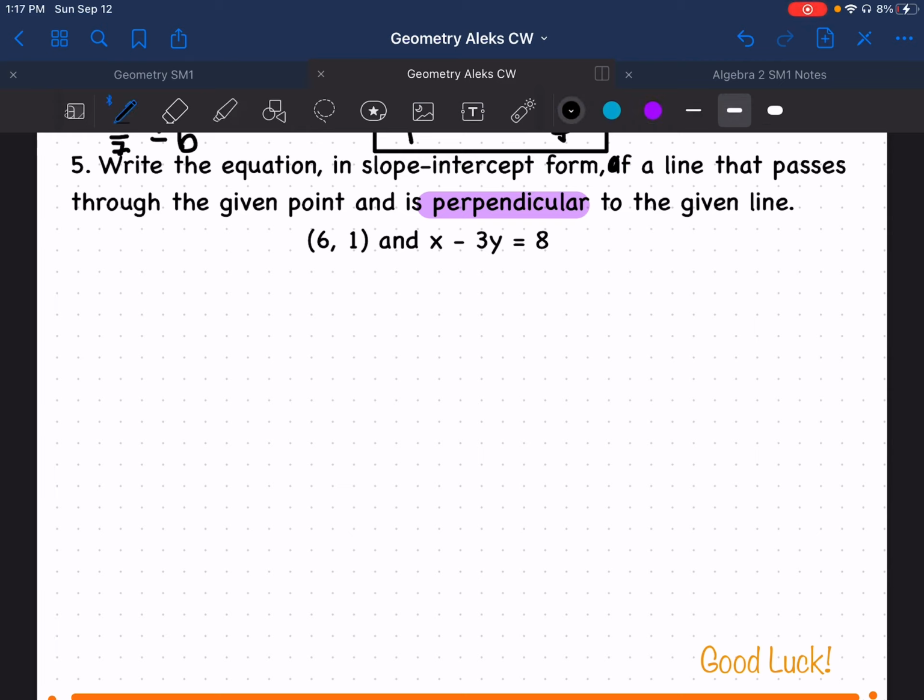Once again, we have to look at our given line. It is not in the correct form of y equals mx plus b, so I cannot identify my slope. I'm going to solve this equation for the variable y because I want it to look like y equals mx plus b.